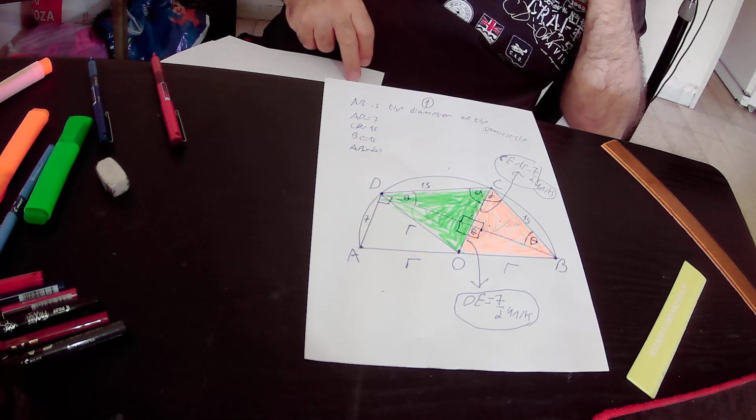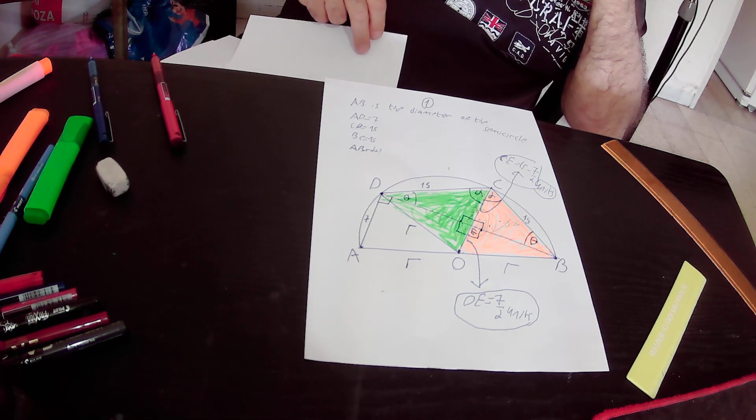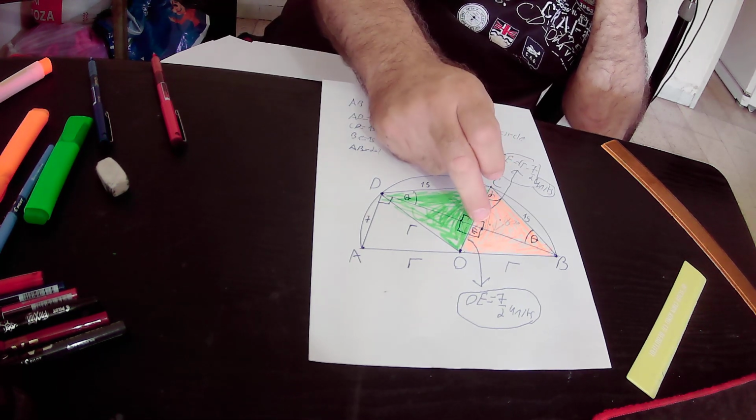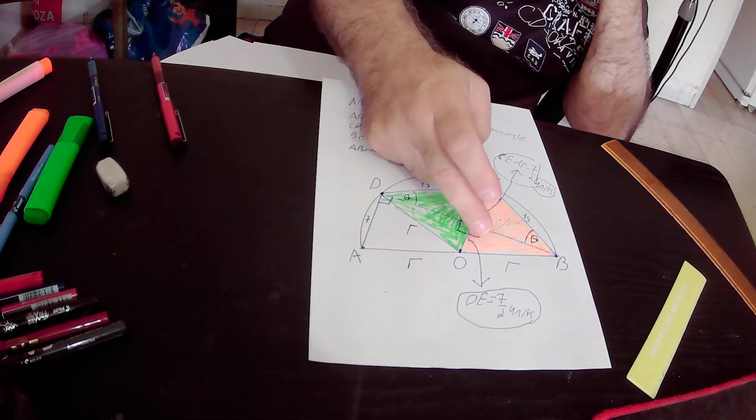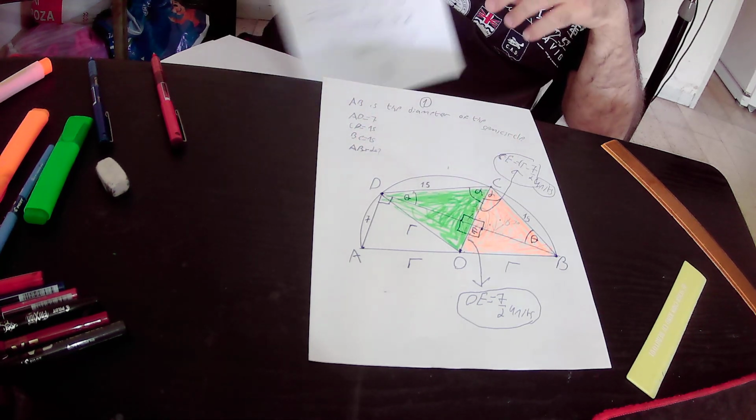Okay? That is to say, this angle that is a right angle plus angle OEB must be equal to 180 degrees.